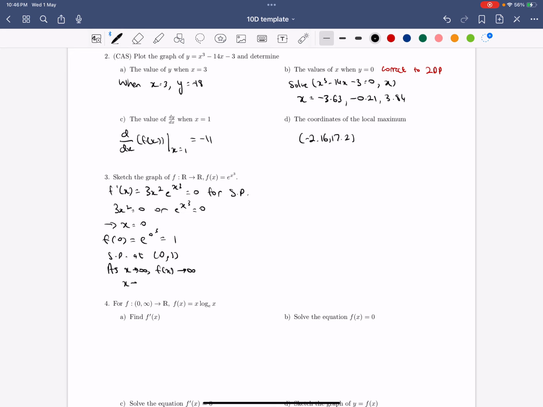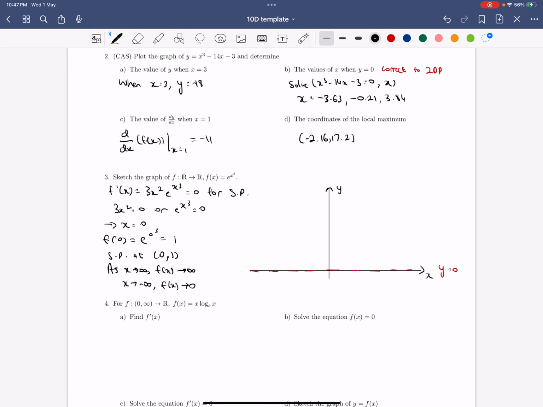And as x approaches minus infinity, so think about larger and larger negative numbers, then we get e to the power of larger and larger negative numbers, and you know that that gets closer and closer to 0. So you get this kind of behavior happening. So we know because it can never be less than 0, there has to be an asymptote at y equals 0. So I'm going to draw that with a red dotted line. So there's an asymptote at y equals 0.